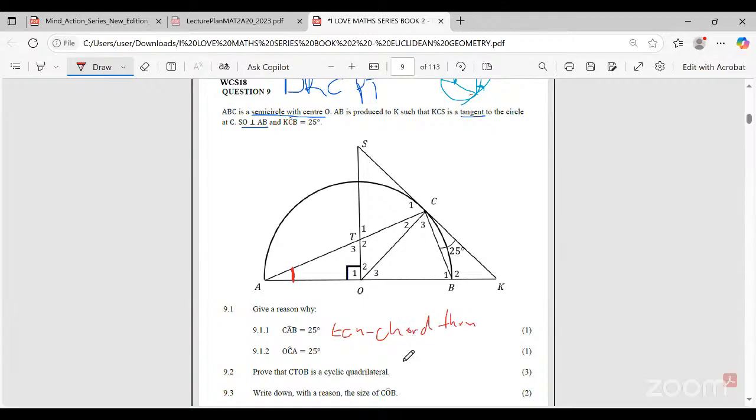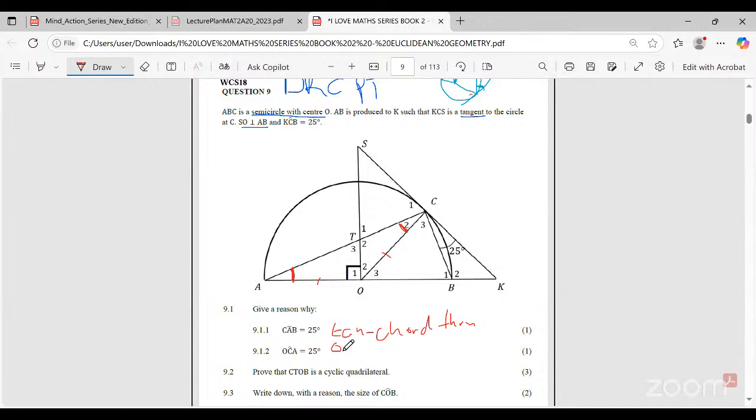Okay. Then the next one, give a reason why OCA, this angle here, is equal to 25 degrees. So, sir, since OA and OC are radii of a semicircle, that means OA is equal to OC, and we just discovered that OA is 25 degrees.